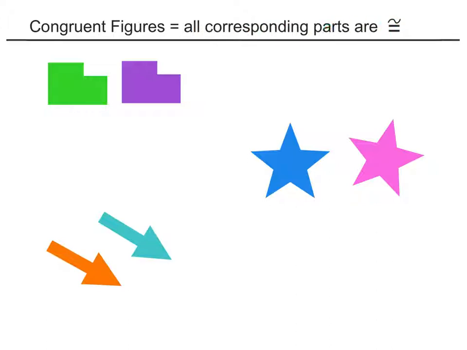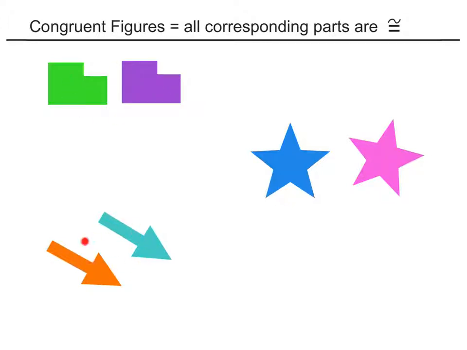What does it mean for all parts to be congruent? In order for two shapes to be congruent, yes, we've said they need to be the same size, same shape. But the way you're going to achieve that is that the second shape must be a transformation or a series of transformations of the first shape. So here, it's a simple translation.